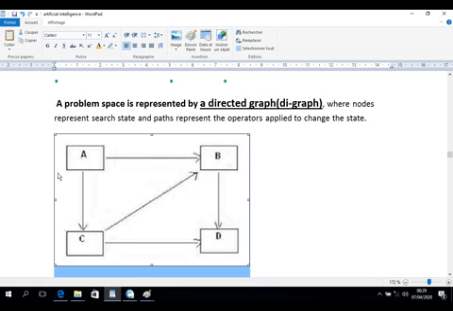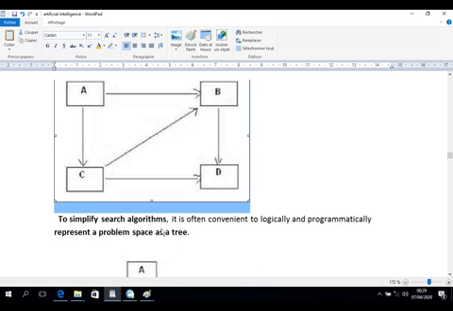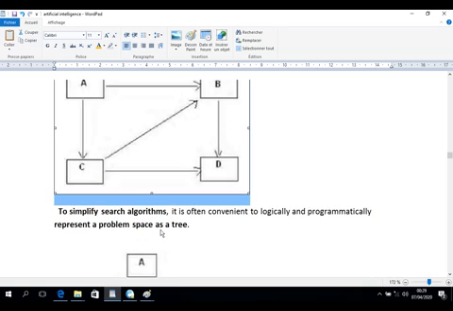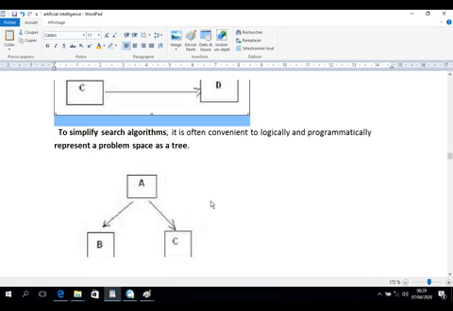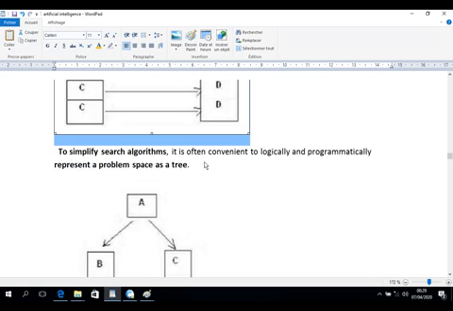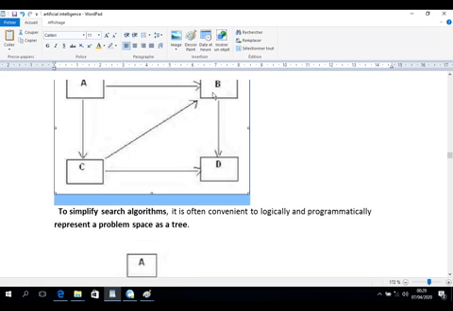Now, to simplify such algorithms, it is often convenient to logically and programmatically represent a problem space as a tree. So here we have a graph, but it can be represented as a tree like this.